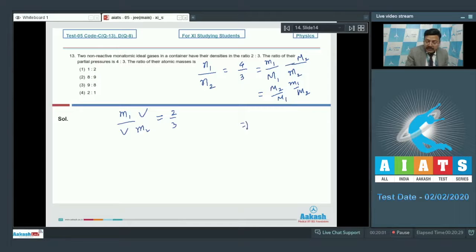So this gives us 4/3 is equal to capital M2 by capital M1 into 2/3, or M1 by M2, which is what we want, is 1/2. So that means for question 13, option 1 is correct. Let's go to the next question now.